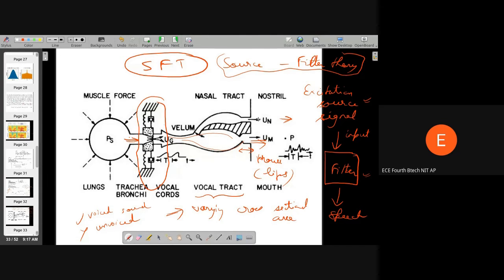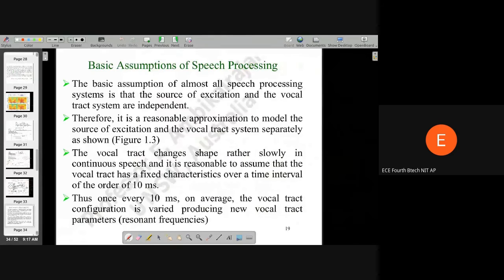So now we'll try to model first the excitation, and then we'll see how to model the vocal tract and the lips. There are three things: first, we model excitation, vocal tract, and then the lips. How are they modeled? That is what we will cover here.